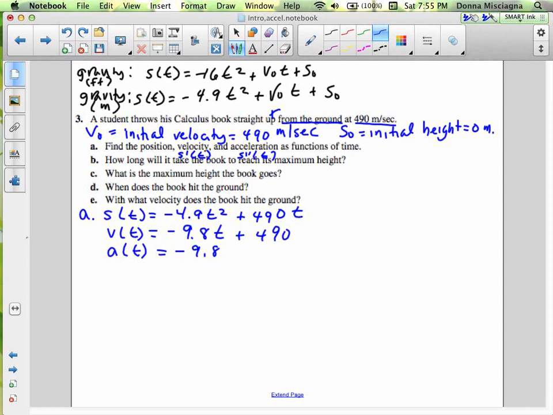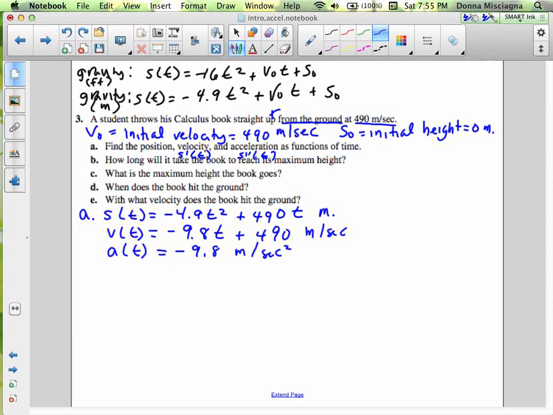Notice our position is a parabola, the velocity is a linear function, and acceleration is a constant function, a constant rate of change. It is constantly 9.8 meters per second squared. Let's talk about units here. The units for position is meters, the units for velocity is meters per second, and the units for acceleration is meters per second squared.